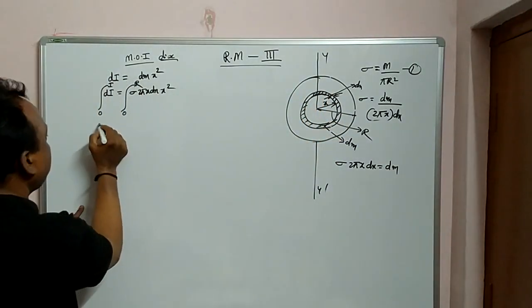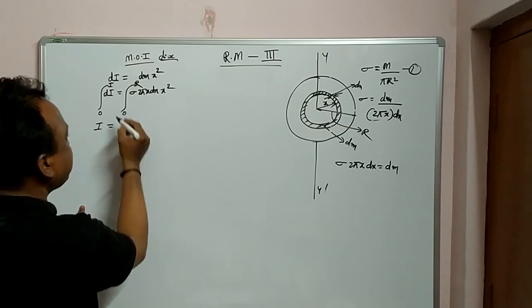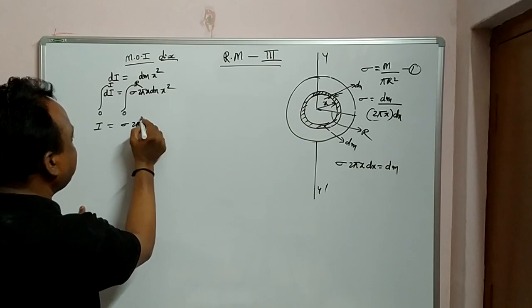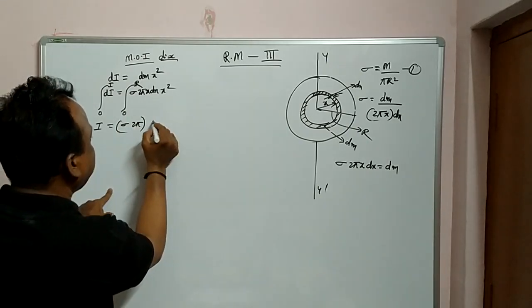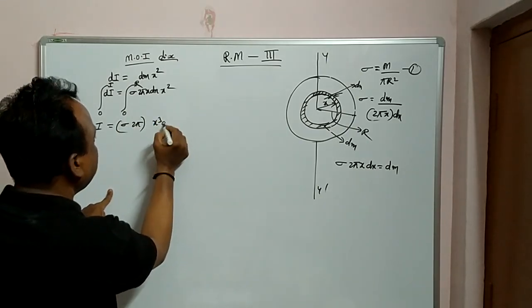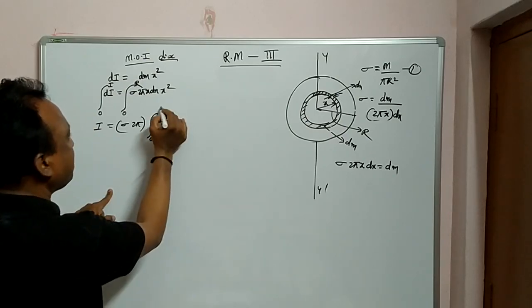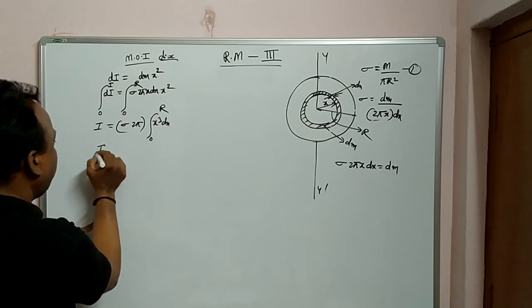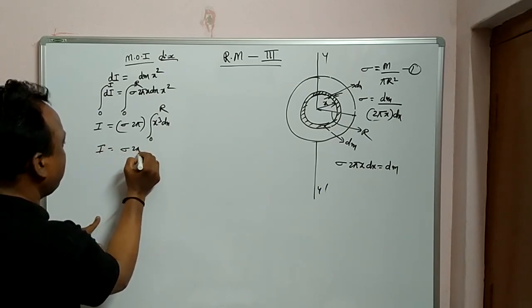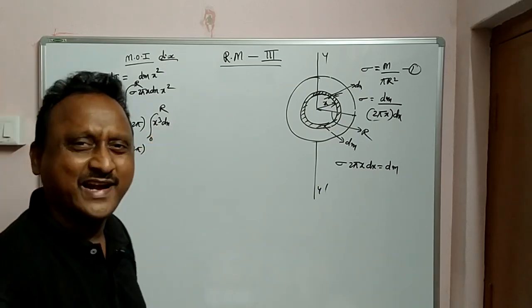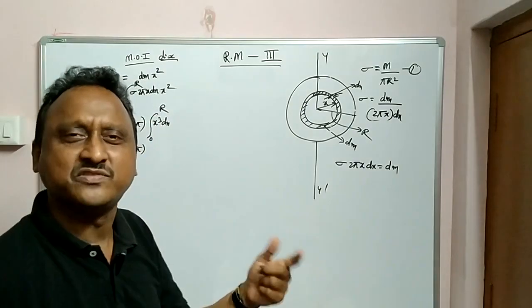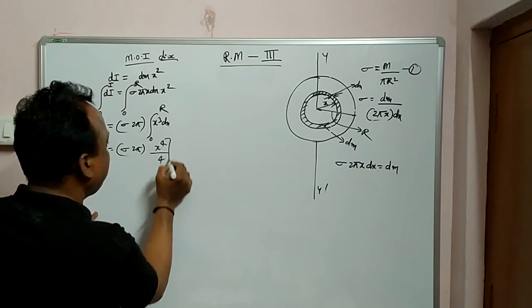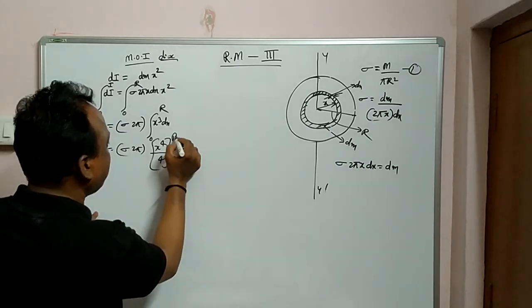Therefore I is equal to sigma 2 pi, which is a constant, and what is left inside is x into x cube dx, integrated from 0 to capital R. Now if you integrate, the integral of x power n dx is x power n plus 1 by n plus 1. So this gives x power 4 by 4, with limits 0 to r.